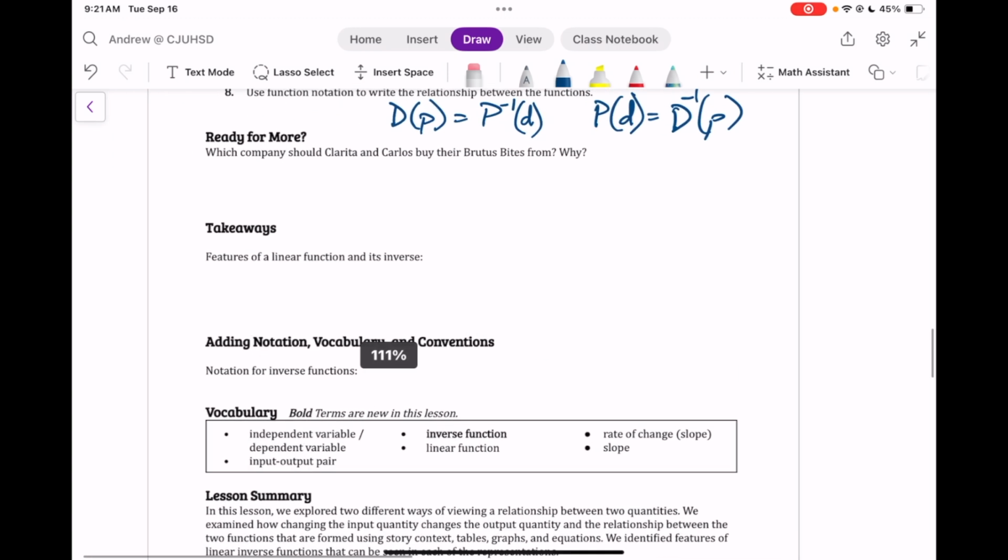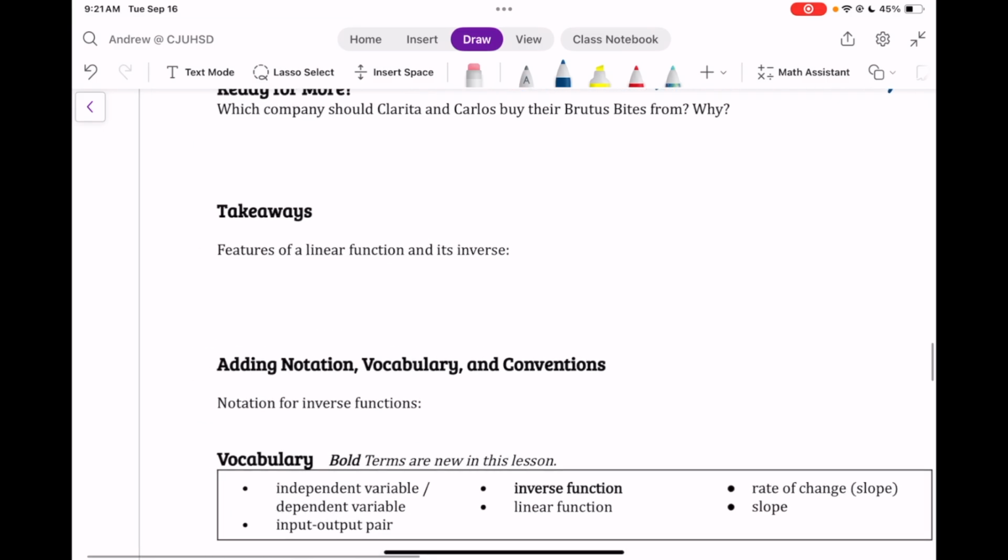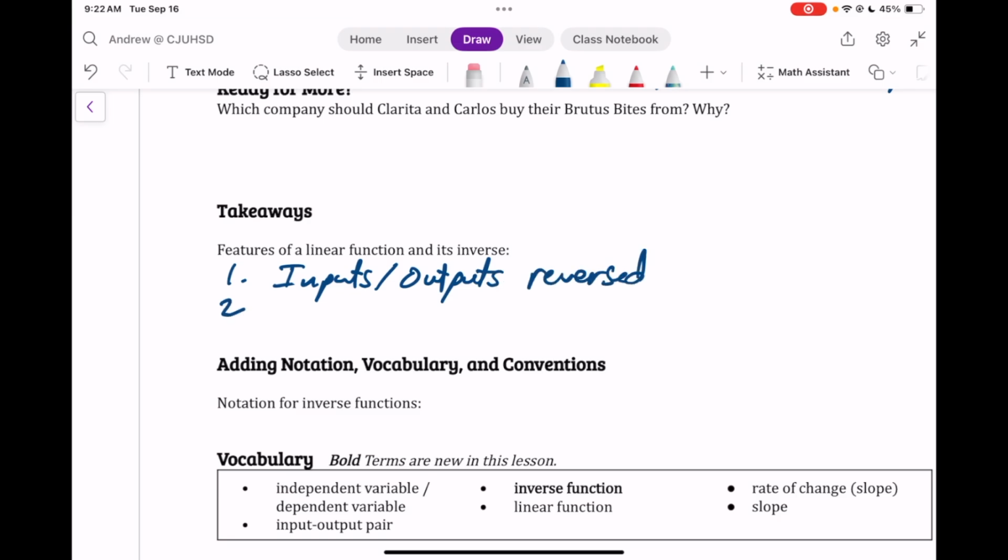But for our takeaways, there's basically 3. Number 1, inputs, outputs reversed. Number 2, the slopes are reciprocals.